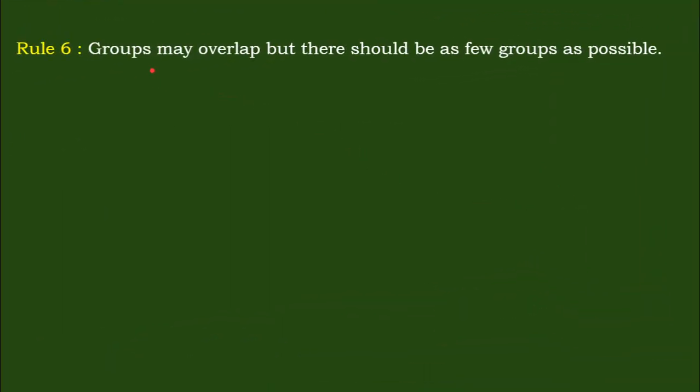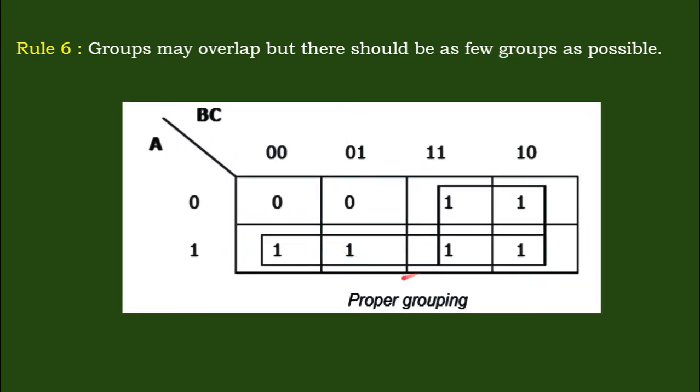Rule 6 says groups may overlap, but there should be as few groups as possible. Here, this is the proper grouping. The ones available from this expression are like this, and we have 4 ones in this adjacent position and 4 ones in this row and column wise position. Now what we have to do is first find the largest group available.